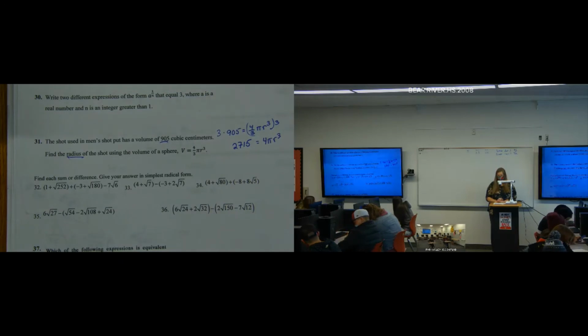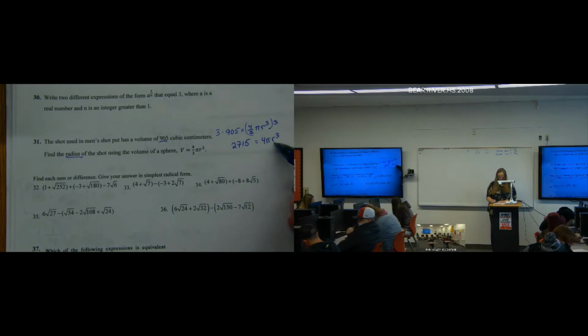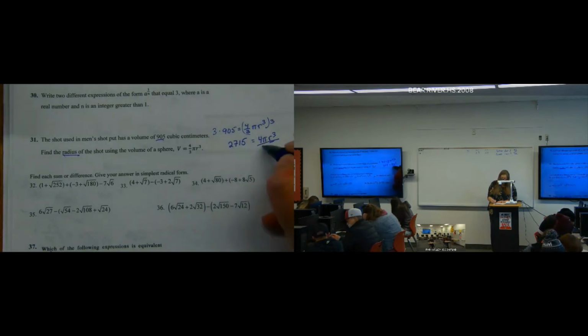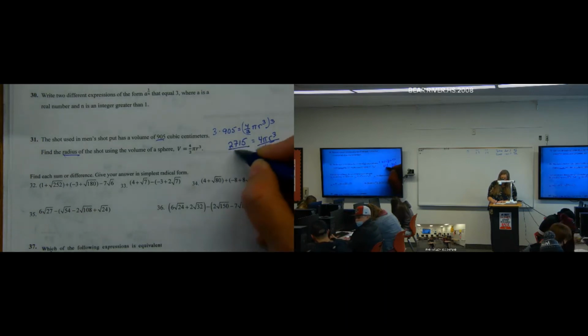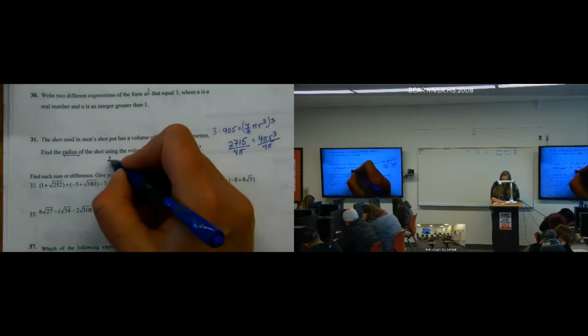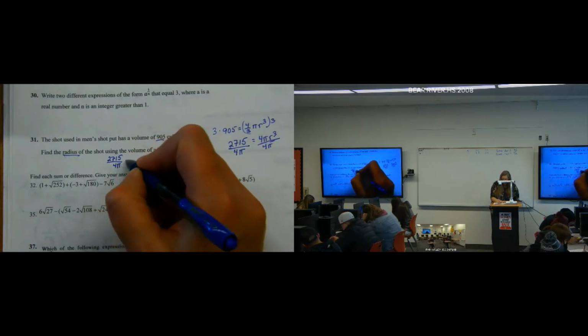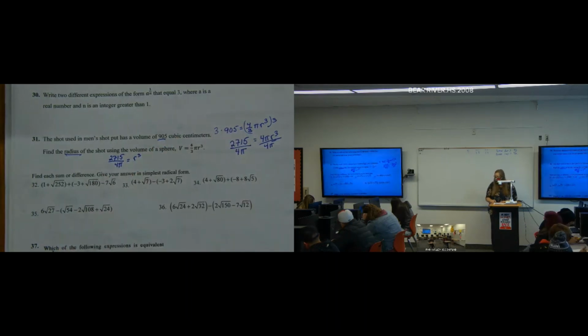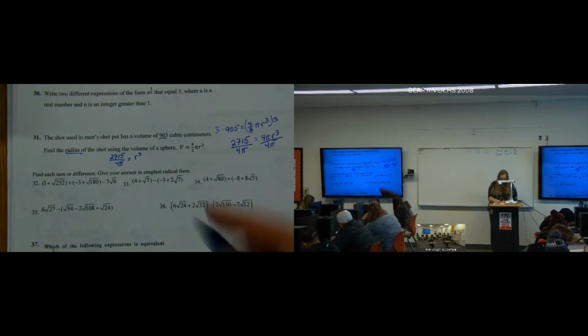Now what? Trying to get r by itself. Here it is, over here. I would divide by 4 pi. And then I have 2715 divided by 4 pi equals r cubed. Do I have r by itself? I still have that cube up there.